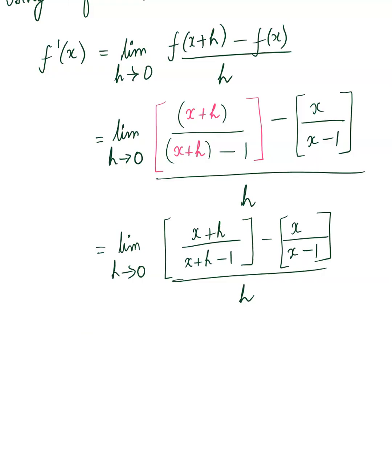Again, this leads to a complex fraction situation, so we're going to focus on the numerator. I just want you to watch what I'm doing, or you could pause and do it on your own, come back, and fast forward to check the answer.